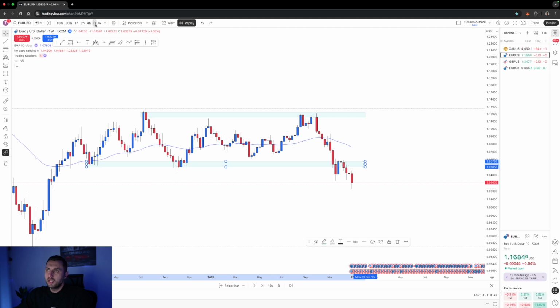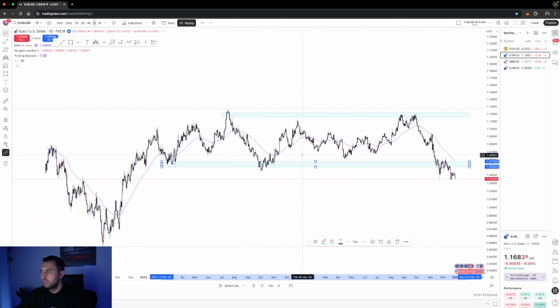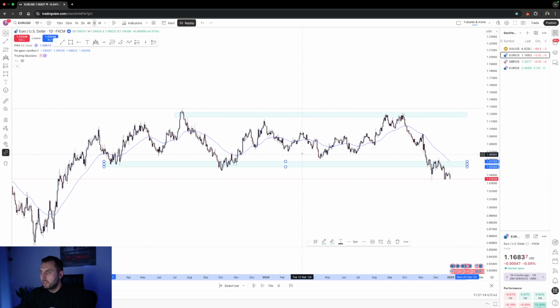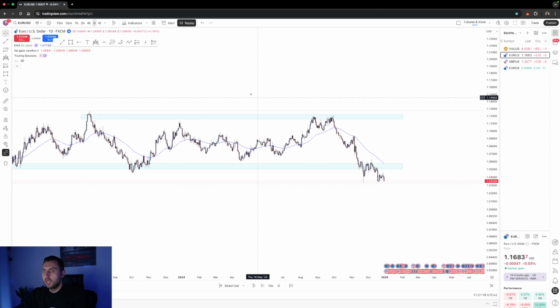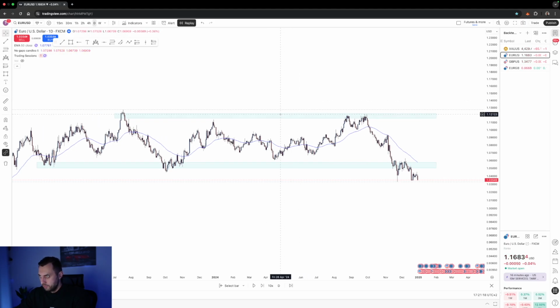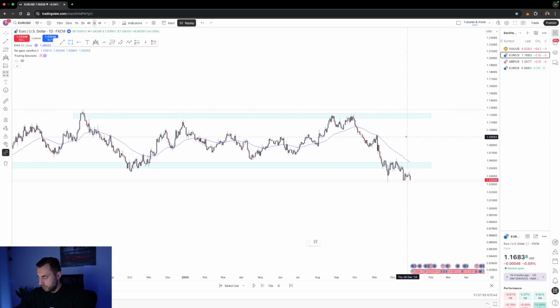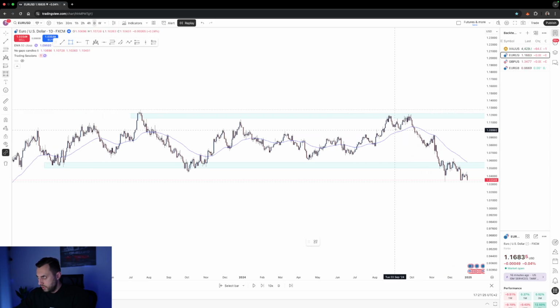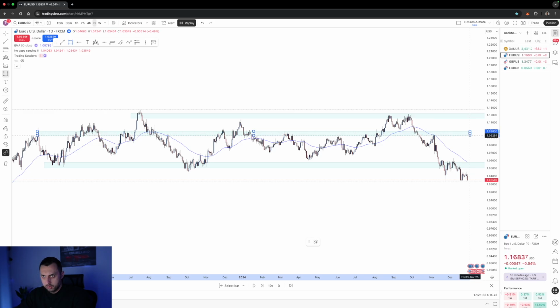We go to the daily time frame, and also here we can mark the interest zones that we see. So we see here one. I love this one. It can also go through here.